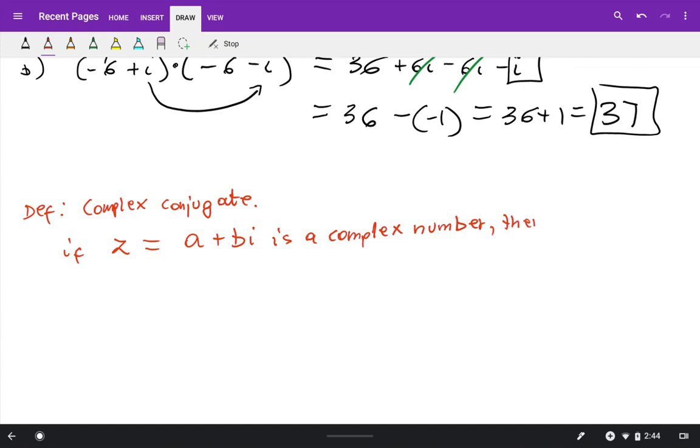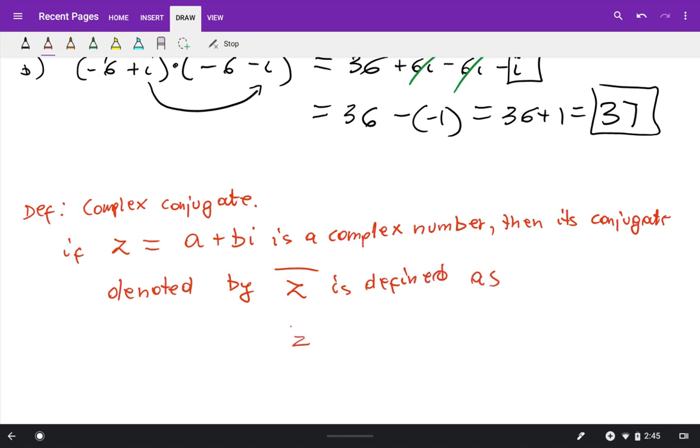Then its conjugate, denoted by z with a dash on top of it, z dash, is defined as conjugate a, and you also have bi, but look what happened, that plus is going to change to negative.